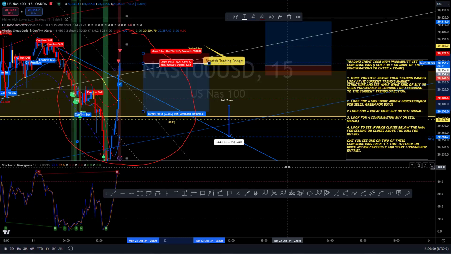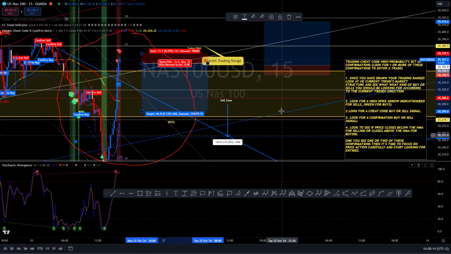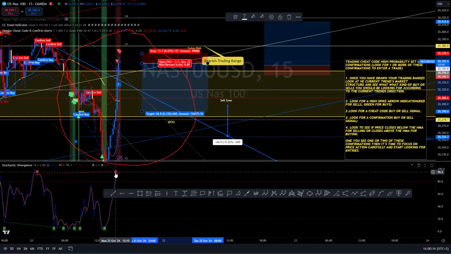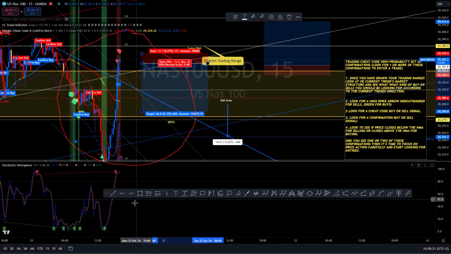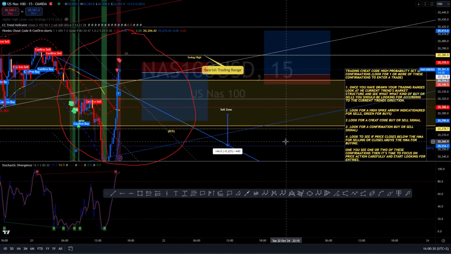Right, the 10 o'clock candle's closing now. Price is overbought. So I'm very sketchy about buying up in this area. So that's why I'm not going to buy it.